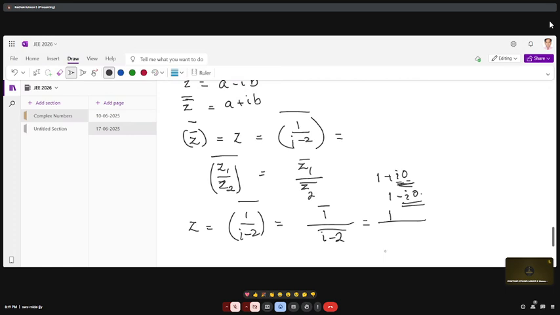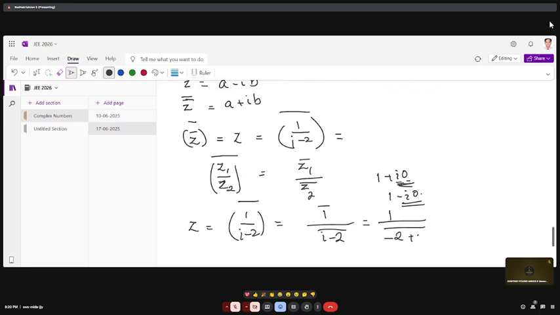I plus 2? Conjugate of I minus 2? Is that I plus 2? -2 minus I? Yes, you have to look at it carefully and write it in the proper form.